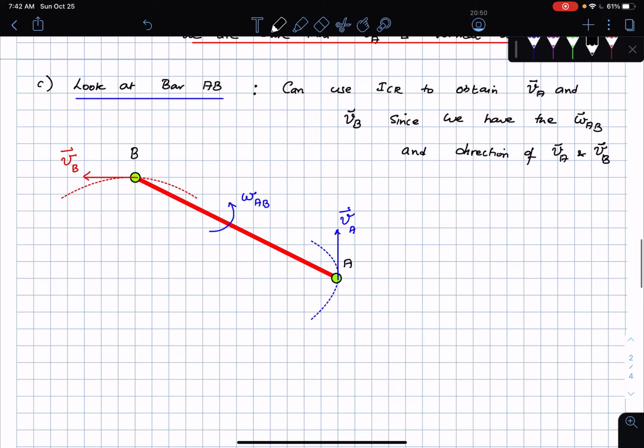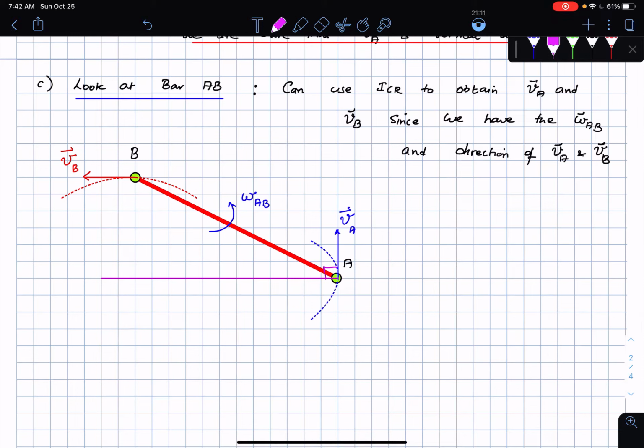And now watch this. An instantaneous center of rotation always lies along a line that is perpendicular to the velocity, which means it's going to be lying along a line that is perpendicular to the velocity of A. So there is one line here. That doesn't look perpendicular, but hang on a second. All right, beautiful, so this is going to be perpendicular to that line.